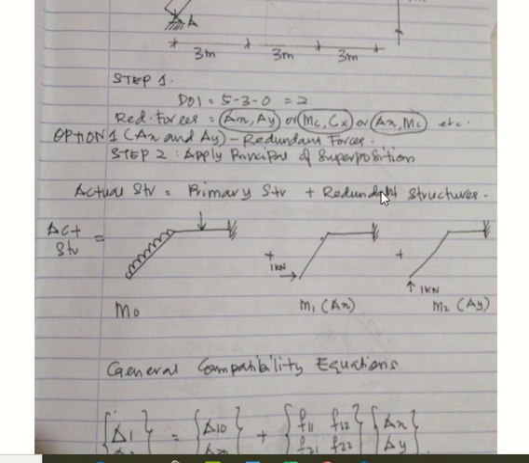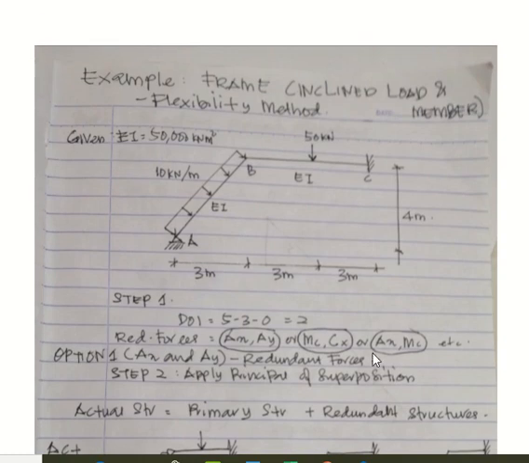Primary and redundant structure is a determinate structure. Why are primary structure and redundant structure determinate? Because you have removed the redundant forces AX and AY. You remove AX, you remove AY.